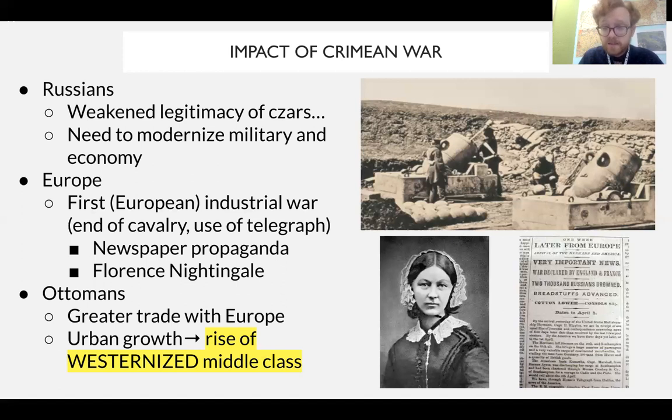And in these cities where we start to see industrialization, we also see the rise of a westernized middle class who come into a lot of contact with Westerners like the British, like the French. And it's this westernized middle class that will lead to calls for change in the Ottoman Empire.